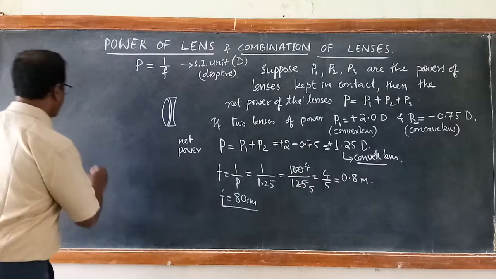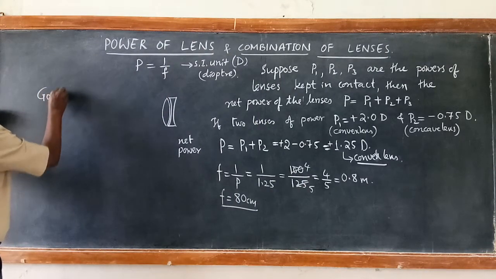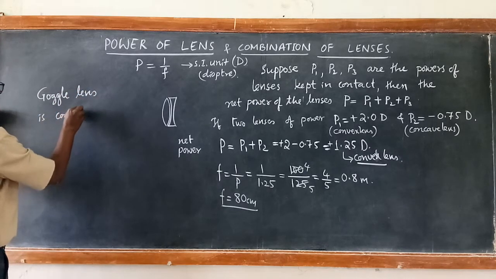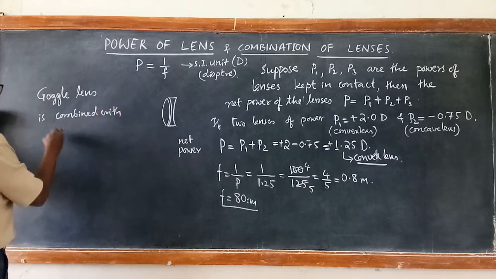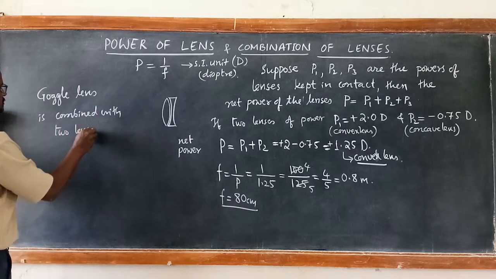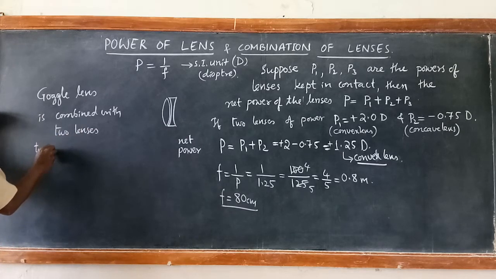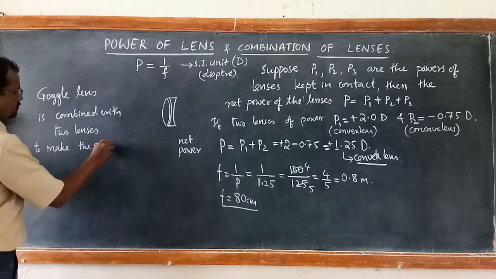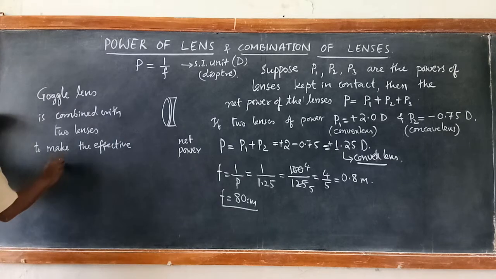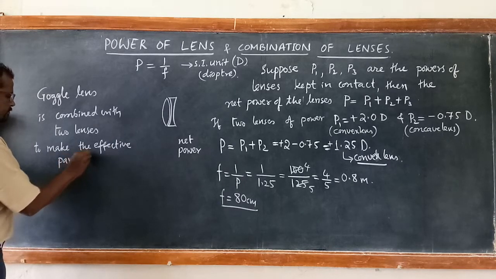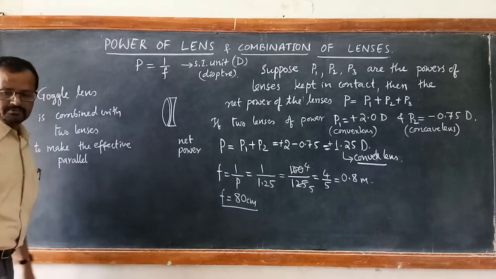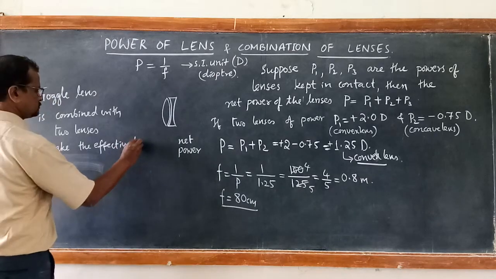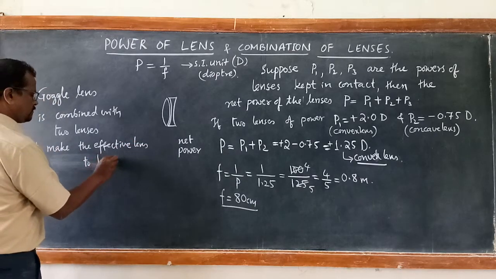Remember, the goggle lens is combined with two lenses to make the effective lens have zero power.